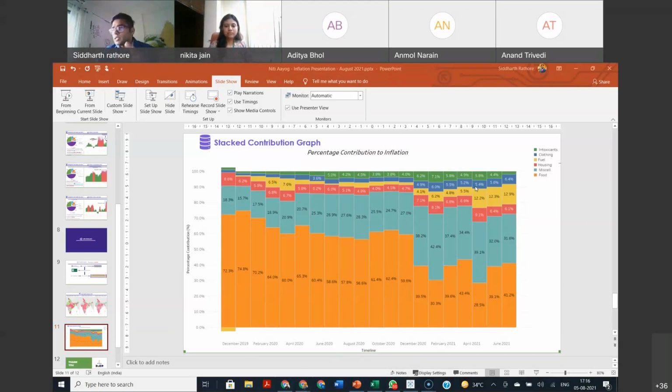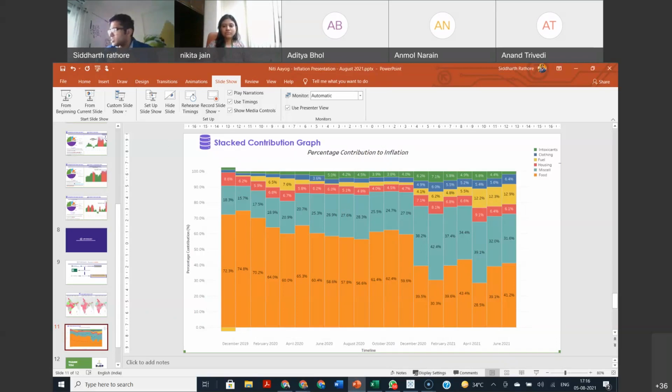Basically, if we see the inflation components of miscellaneous, whether we talk about rural, combined, or urban, in all these three major baskets, health contributes somewhere around 5 to 6 percent to this particular basket, and transport is also a major factor. And both health and transport are taking off. However, there are other factors like education and personal services.